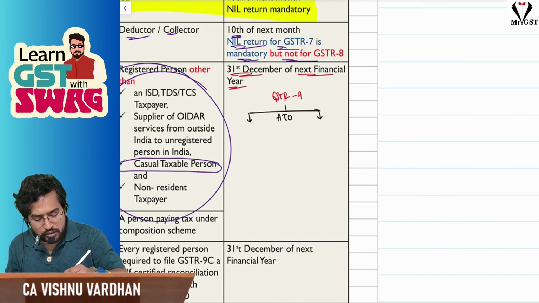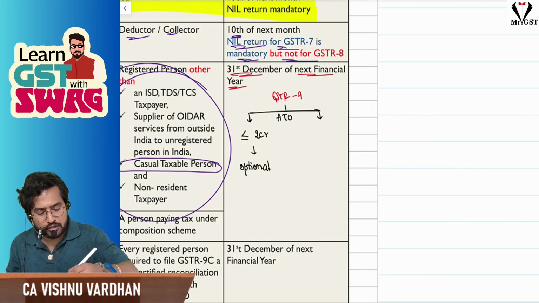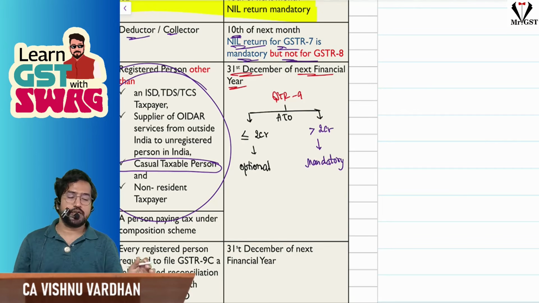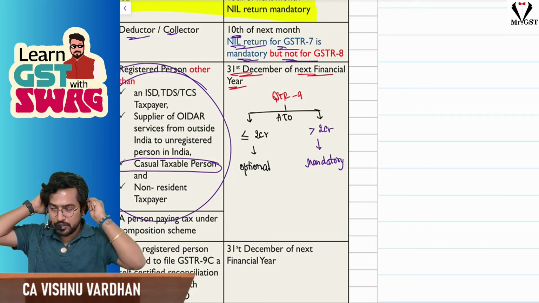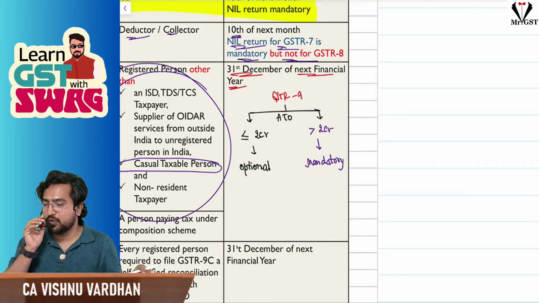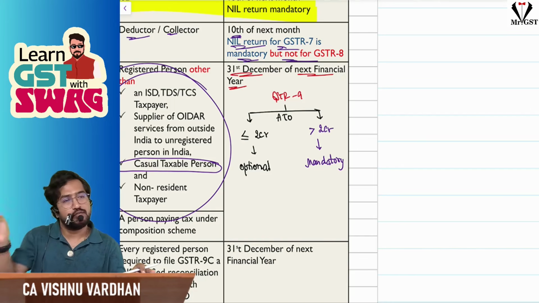Aggregate turnover less than or equal to 2 crores, optional. If it is greater than 2 crores, it is mandatory. So I repeat, in GSTR 9 we will completely consolidate the information of GSTR 1 and 3B for the 12 months.